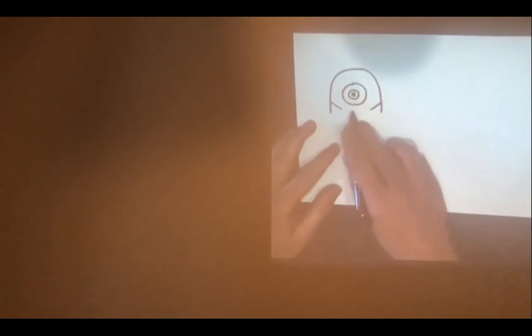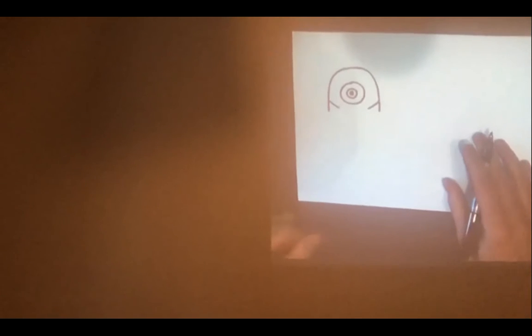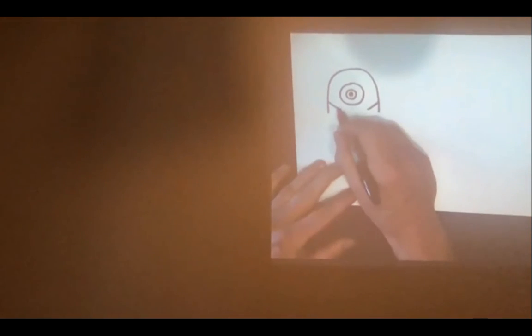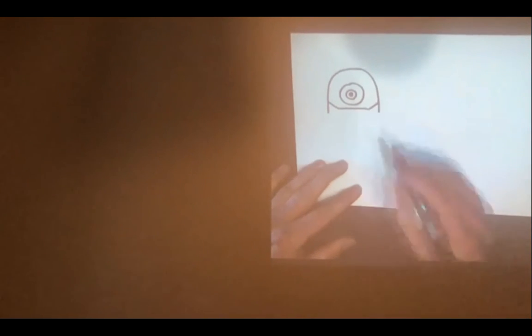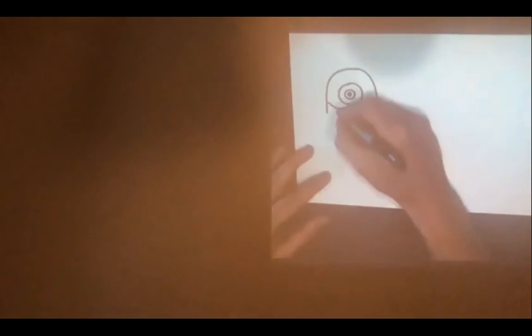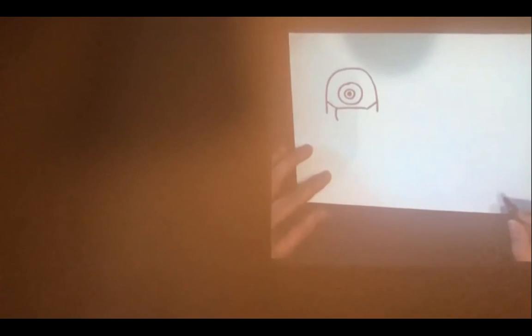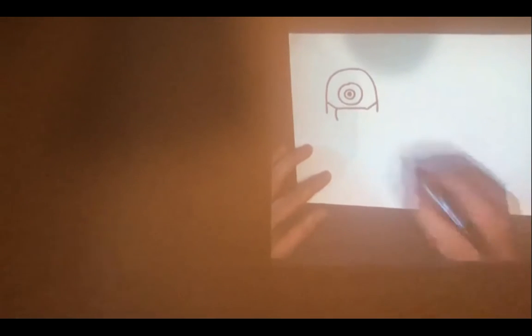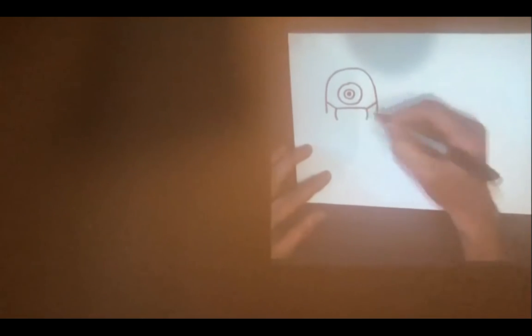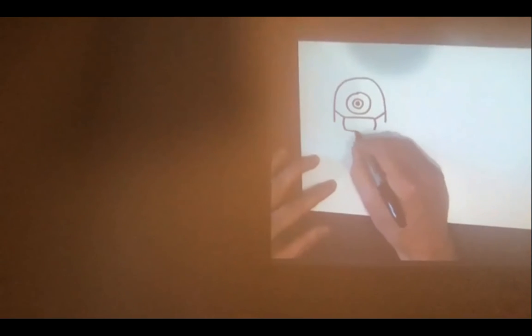Okay, and they kind of stop right on each side of the eye. And then bring a mask straight across, and round it out right there, and right there. And then connect it.